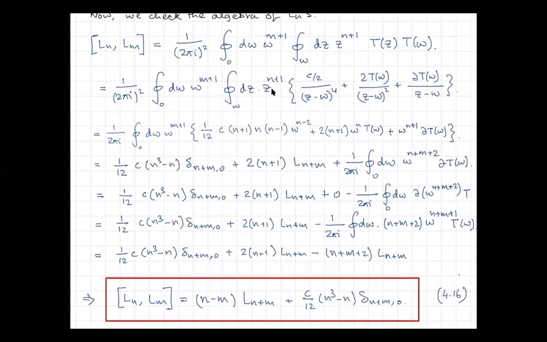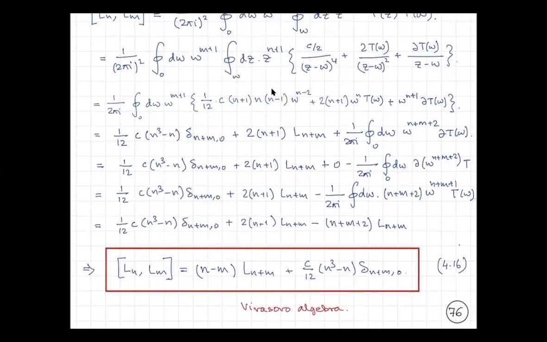It's important to point out that this central charge term, which came with the piece that made T a non-primary field, was actually responsible for what I had previously said was the central extension of the Witt algebra to the Virasoro algebra. So this was where we ended last time.